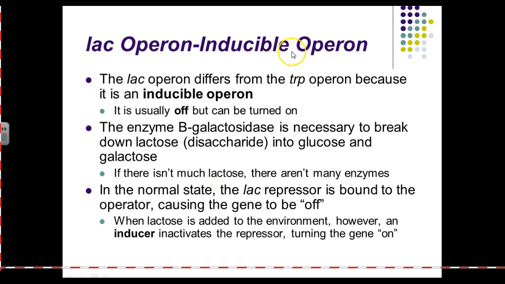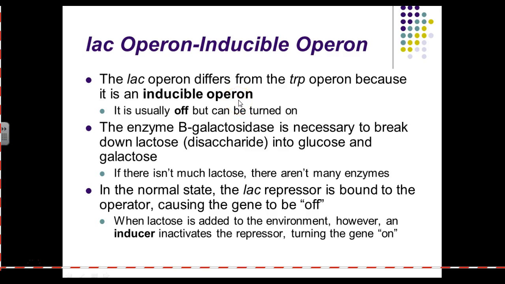So this is called an inducible operon model because the word induce means to start. This operon model is normally going to be off, but will occasionally be turned on whenever the bacteria needs to digest lactose.